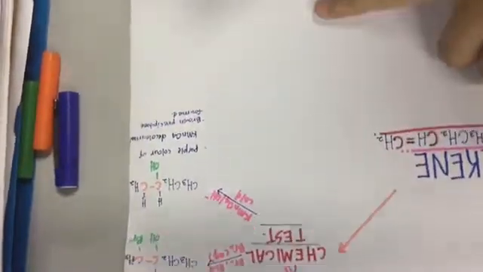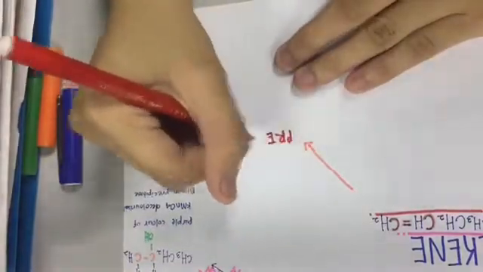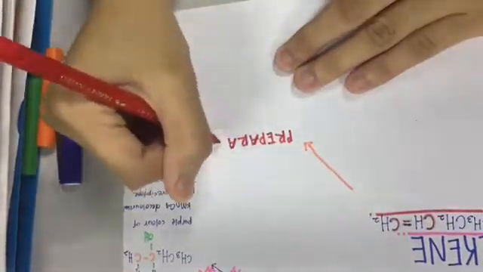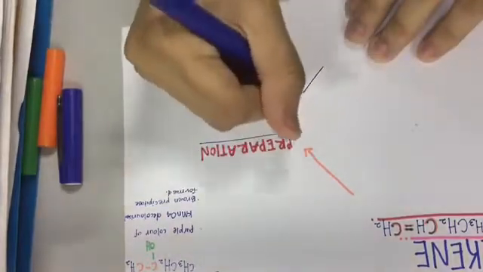And the second main point is preparation. In preparation, we will learn about two reactions. The preparation is how to form the alkene.